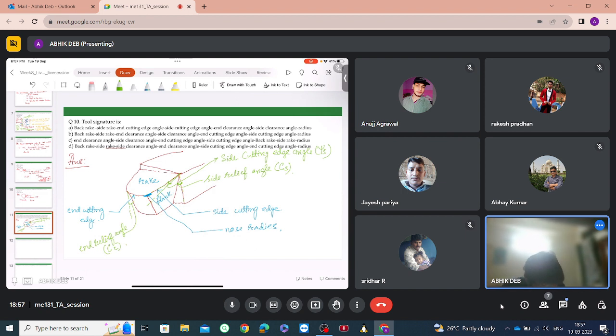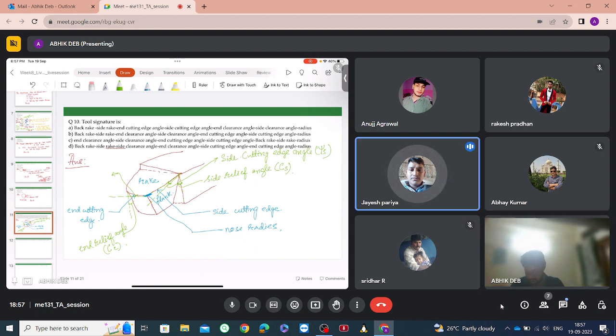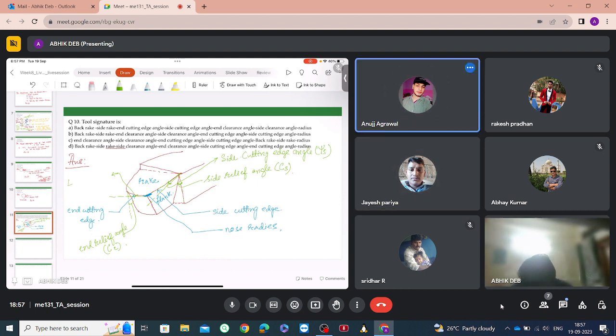And this angle is called what? End cutting edge angle. Yes, so this is the end cutting edge angle.